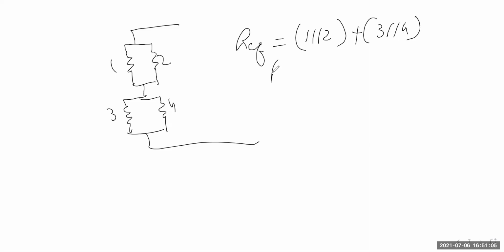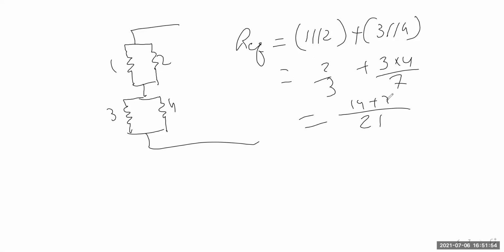Let's see what value we get. The answer would be 1 parallel 2 plus 3 parallel 4, so it will be 2 by 3 plus 3 into 4 by 7, which gives 14 plus 36 over 21, equal to 50 by 21.